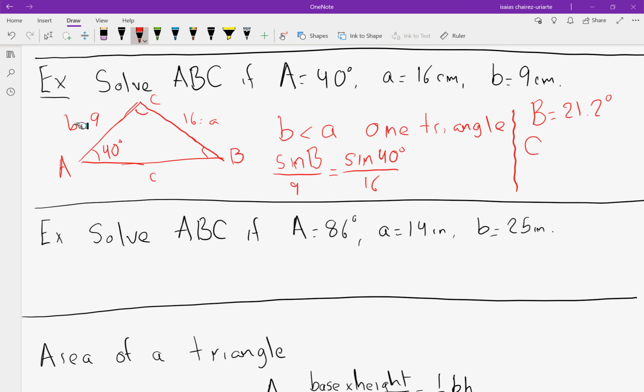Angle C should be equal to 118.8 degrees. And side length C is 21.8 centimeters.